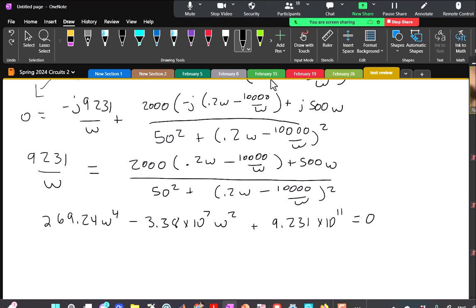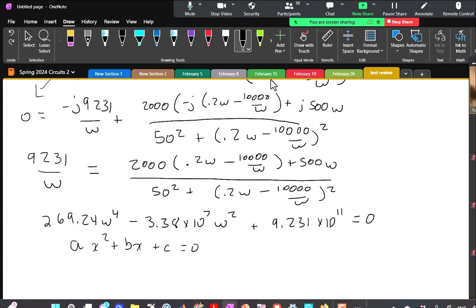So you can do that algebra on your own if you want to, or you can just believe me. I did in fact get the right answer, so this is correct. And this is in quadratic form, so this is like a x squared plus b x plus c equals 0.